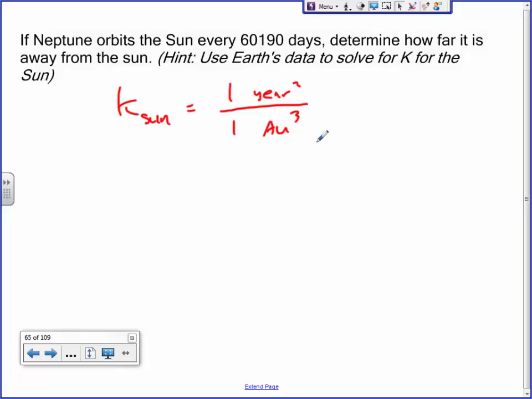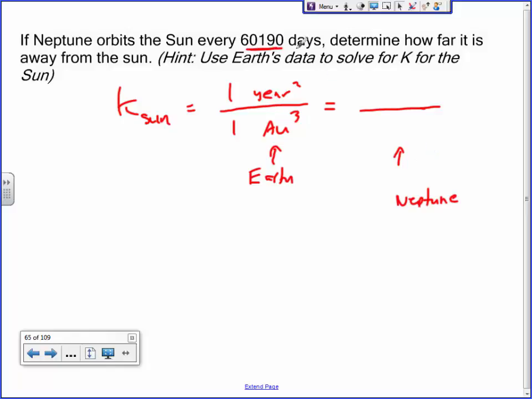And we know that the Earth is 1 astronomical unit away. Does that make sense? Well, that k value should be the same for the Earth because this is the data for the Earth, but it should also be the same for Neptune. So all I need to do now is throw in Neptune's values.